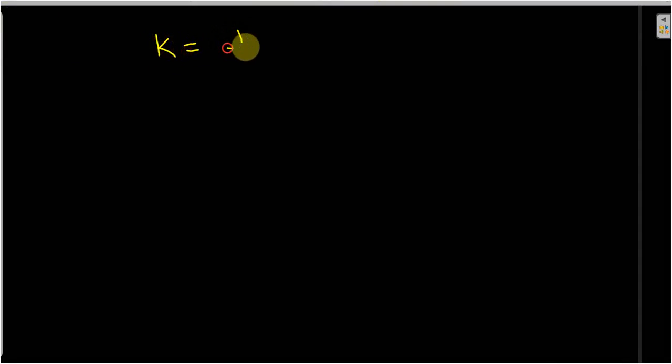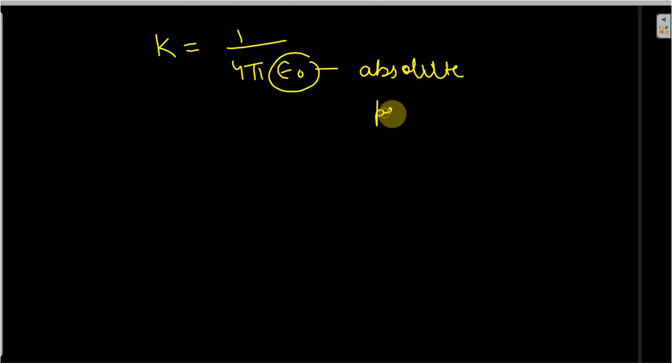If you see this formula, K is equal to 1 by 4 pi epsilon naught, where epsilon naught is the absolute permittivity of the medium.